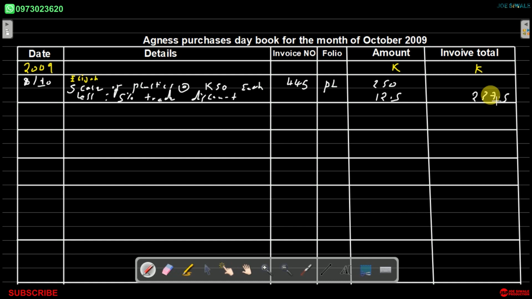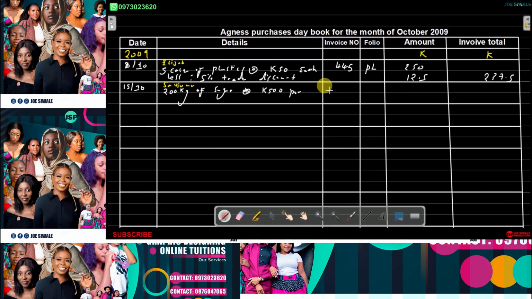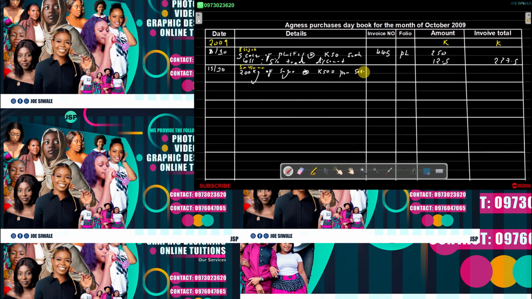So let us record that in the purchases day book. That occurred on the 15th of October. So we can say the supplier there is Xavier. Then to put up the description, we can say 200 kg of sugar at 500 kwacha per 50 kg.